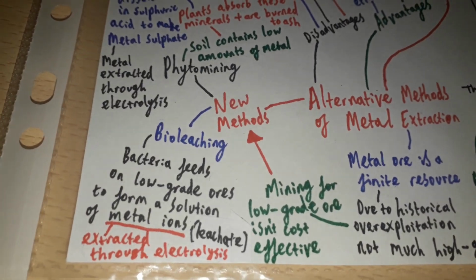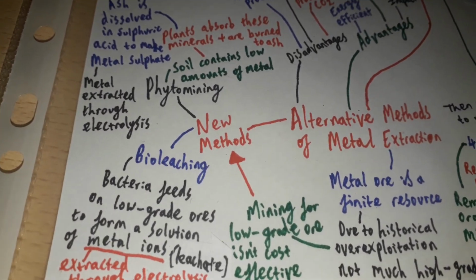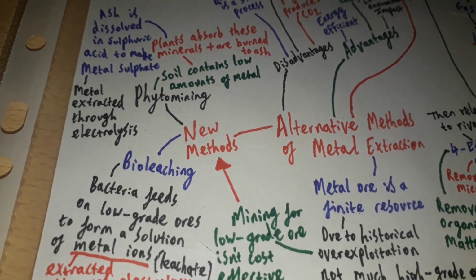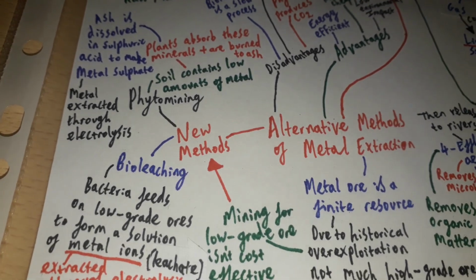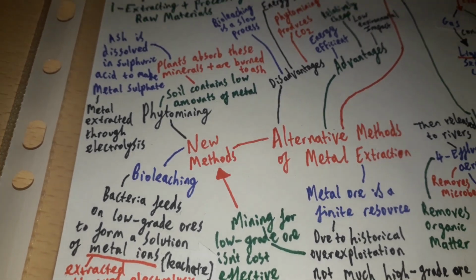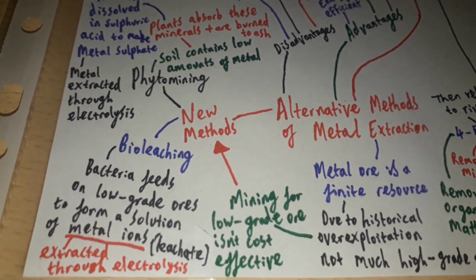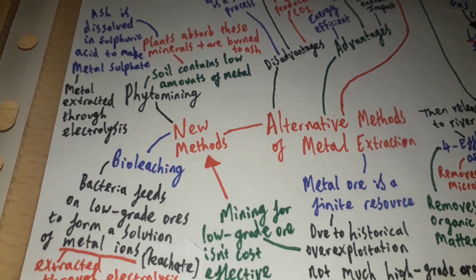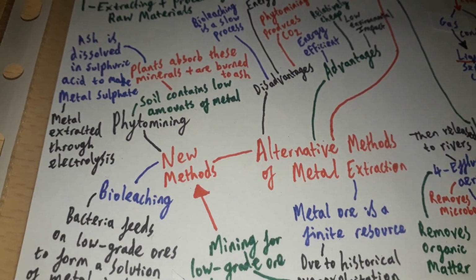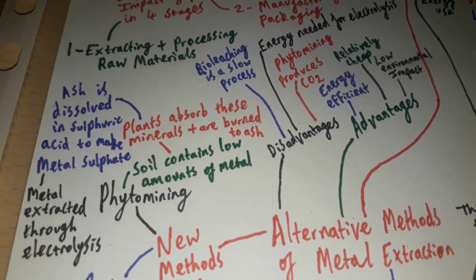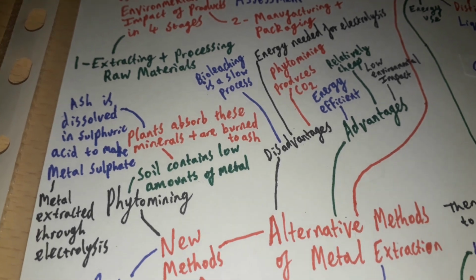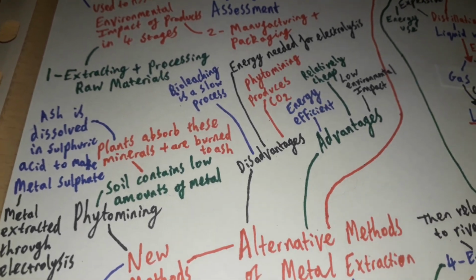Bioleaching is where bacteria feeds on low-grade ores to form a solution of metal ions. So the bacteria feeds on the ore and it generates this solution, which is called a leachate. And the metal ions in it are extracted through electrolysis. That's the way of getting them out. Next is phytomining, where all soil contains low amounts of certain metals.